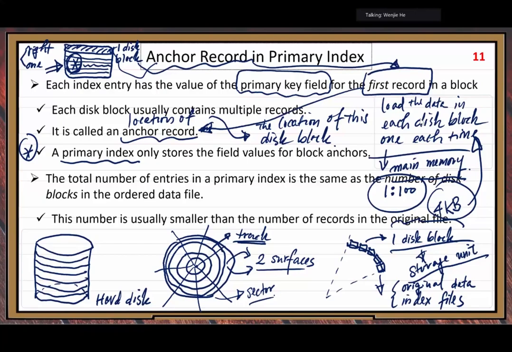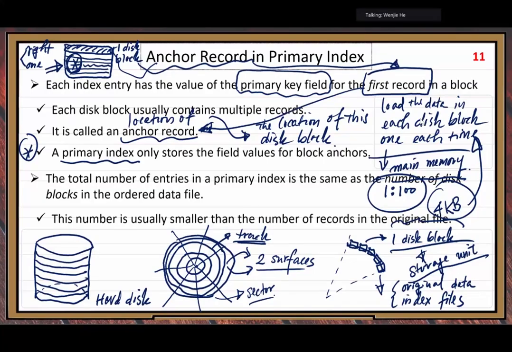Let me use a simple way to describe how much smaller this number is. It depends on how many rows you can store in one disk block. Here I just use a few simple examples.